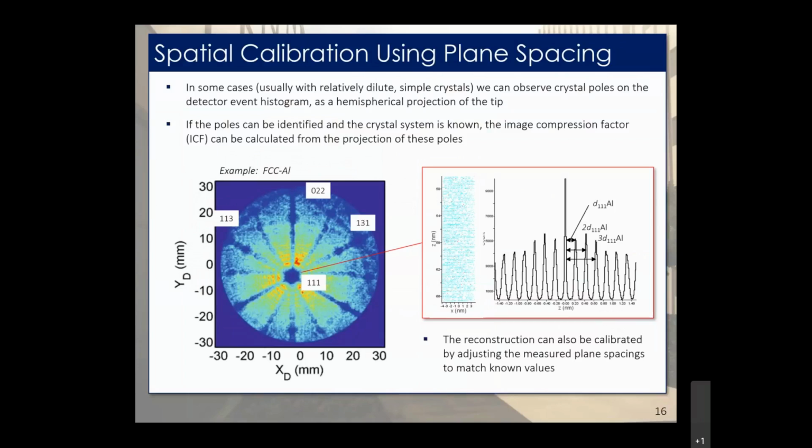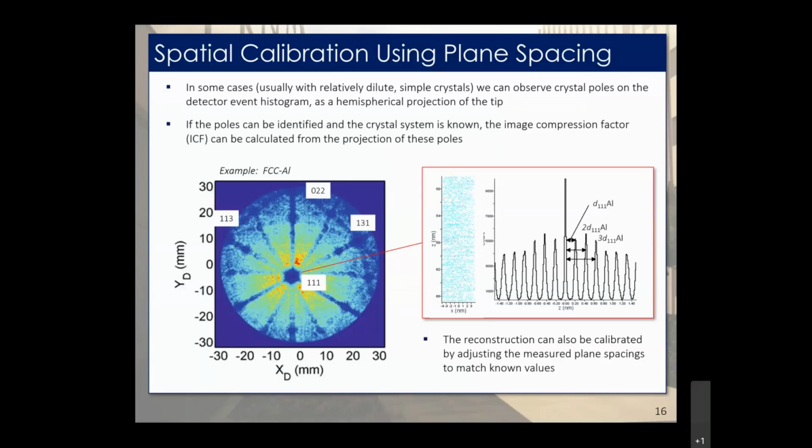In this case, if you have a sample that is metallic or other well-behaved crystalline sample, you can often observe crystal poles in the detector event histogram, seen as that hemispherical projection of the tip. This is due to very slight deviations in the evaporation field based on the positions of the atoms within the crystal. And we can essentially use that to give us an idea of how the tip is projected, which can help us define an image compression factor.